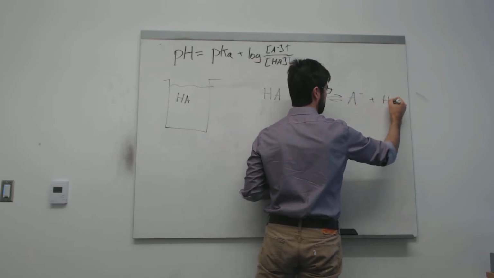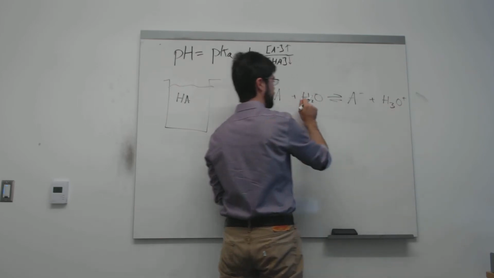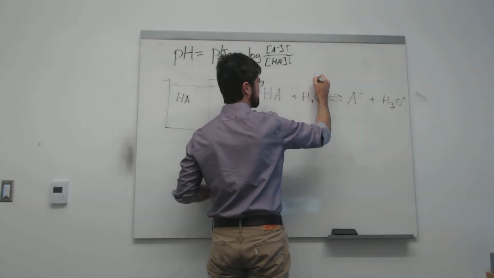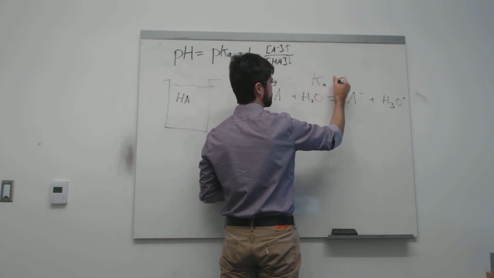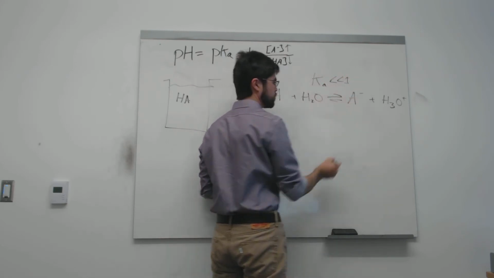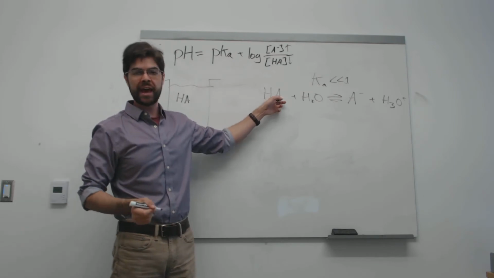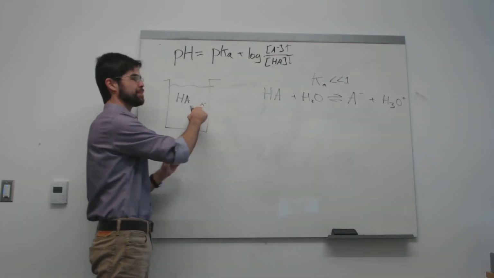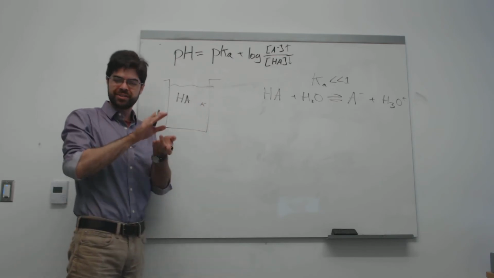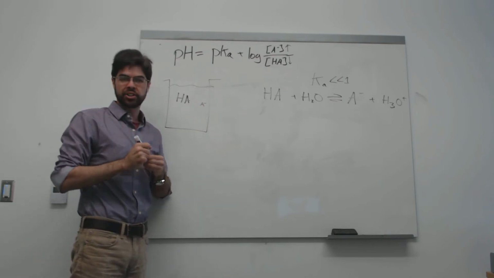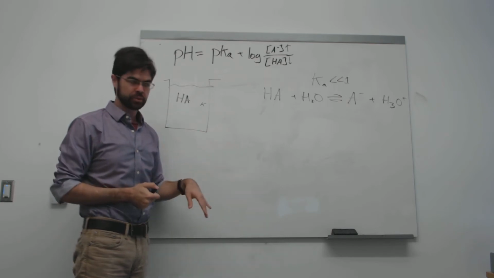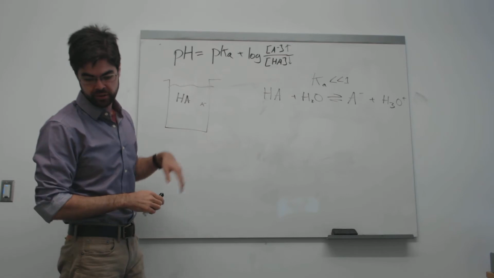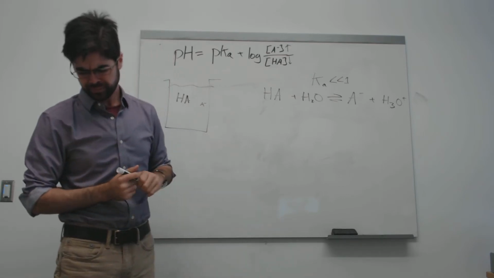Some of it does dissociate, transfers a proton to water, and produces weak base, but since the equilibrium constant for this reaction is relatively small, we assume most of the acid is in the acidic form, and I'll make A minus smaller to say there's a small amount of conjugate base present, but negligibly so compared to the protonated form of the weak acid.